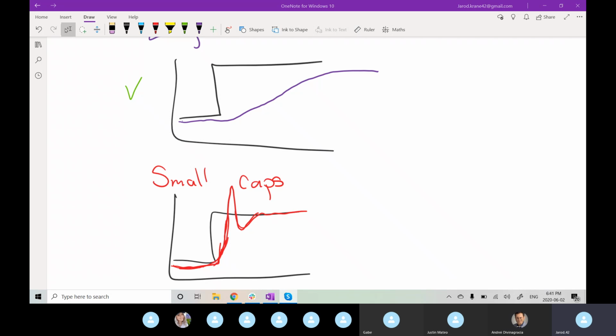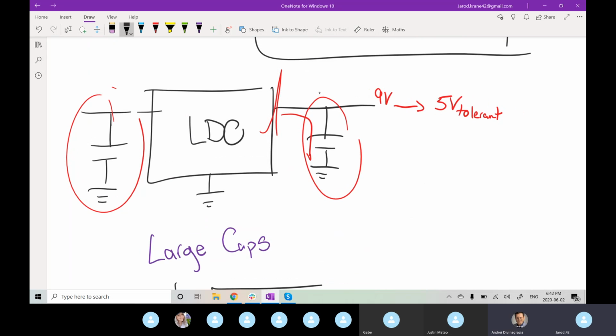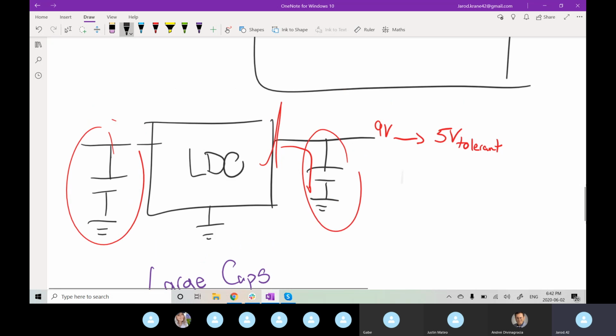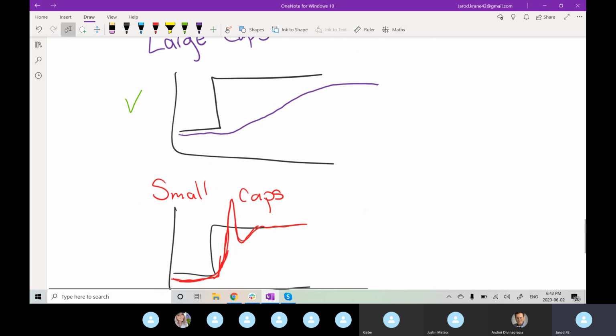Does that make sense? Yeah. So you'll basically always have to put on these external caps for the filtering reasons and transient spike suppression.